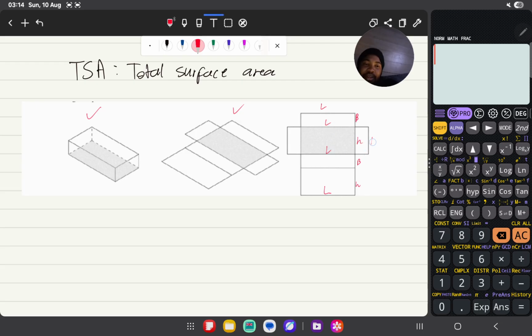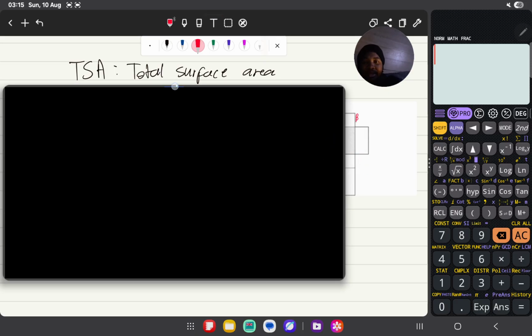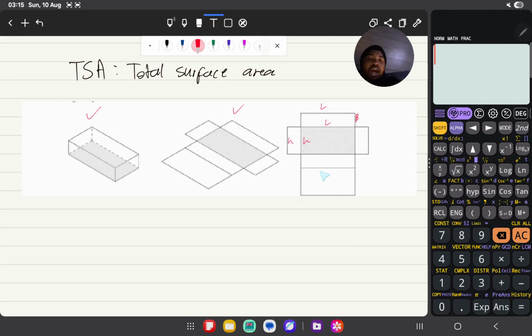This is gonna be height, height, height. No, that is not it. The labeling is not accurate.